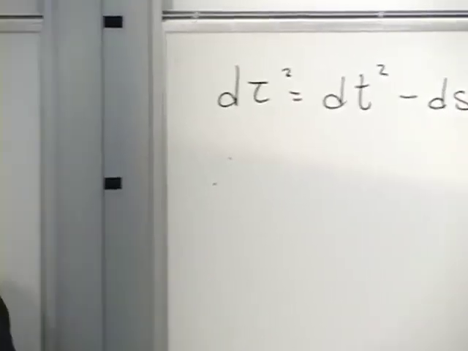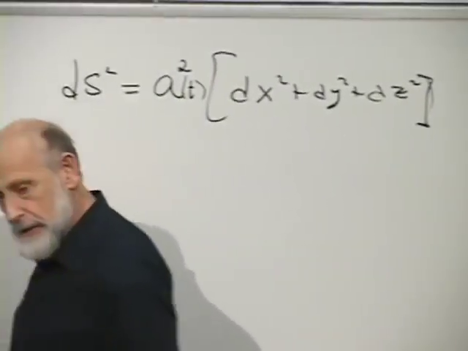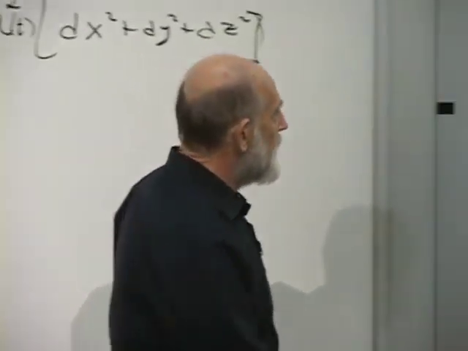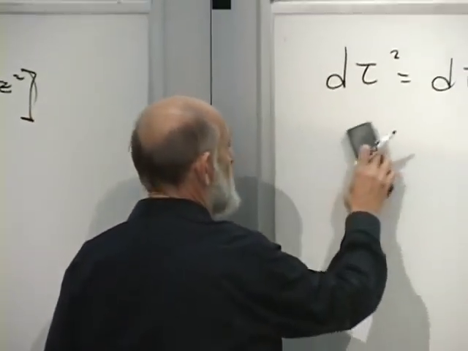That's the form that the metric of space-time takes, dt squared minus ds squared.